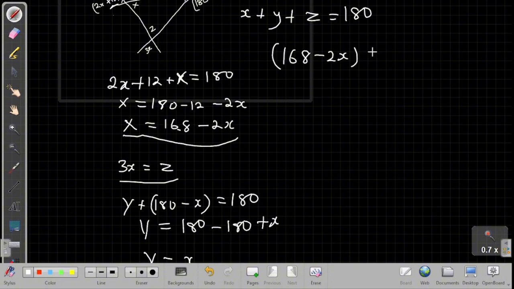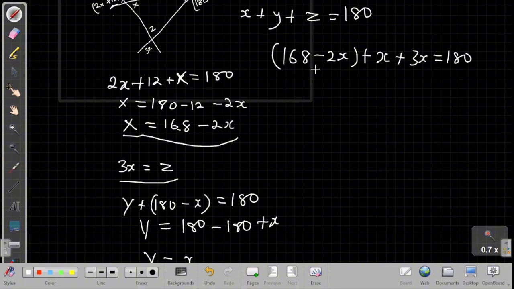Put them in the bracket. Plus, I just did x. Then add it to y. What do we have as our y? y is basically x. Now, what do we have as our plus z? We said z is 3x. Are you following me?